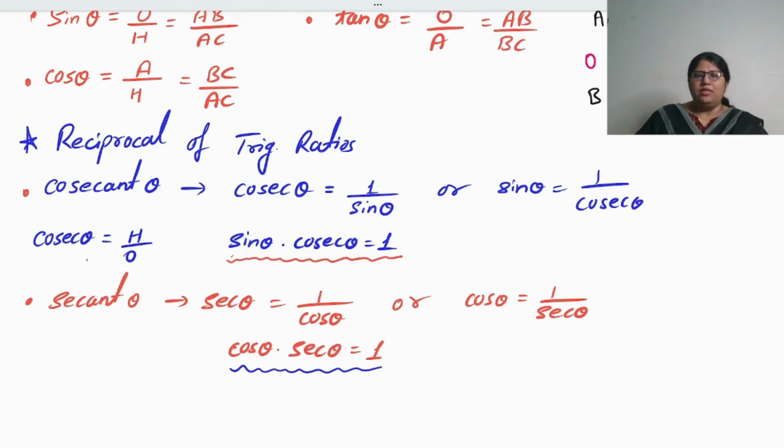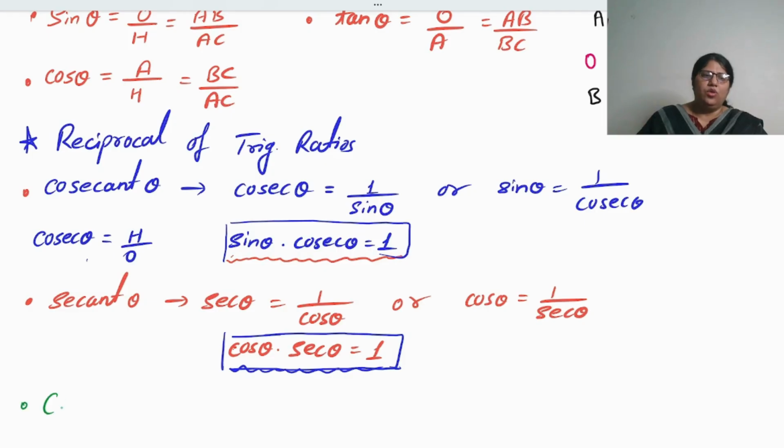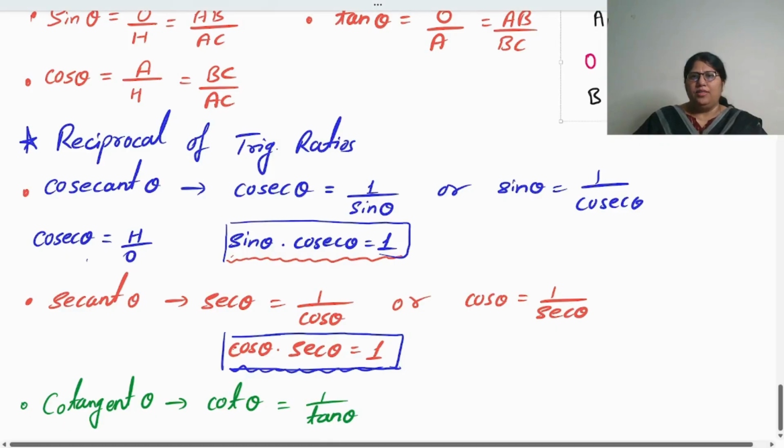Okay, these results you have to remember, because while proving identities you are going to use them. The first result is this, second result is this. Then what is the third reciprocal? The third reciprocal is cotangent of an angle theta, written in short form as cot theta, which is nothing but the reciprocal of tan theta, right?